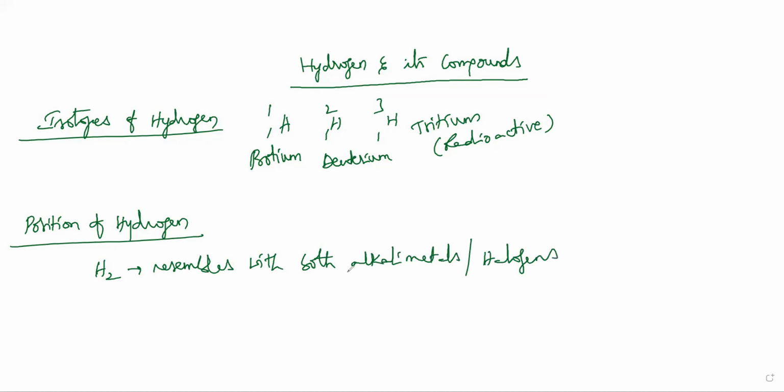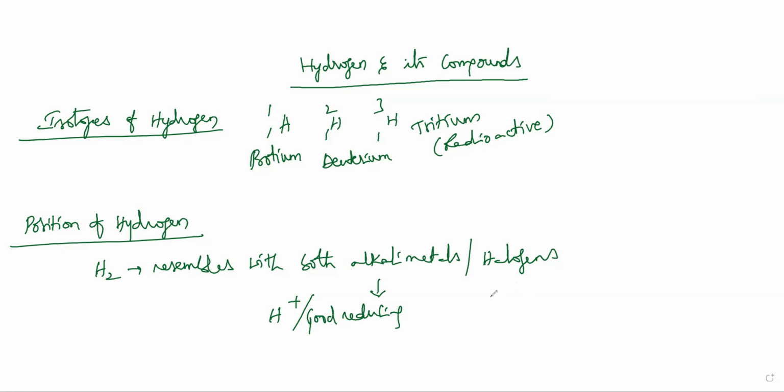If you consider resemblance with alkali metals, it can form a uni-positive ion like alkali metals, like Na plus, K plus. This is the first one. Then it acts as a good reducing agent like alkali metals.